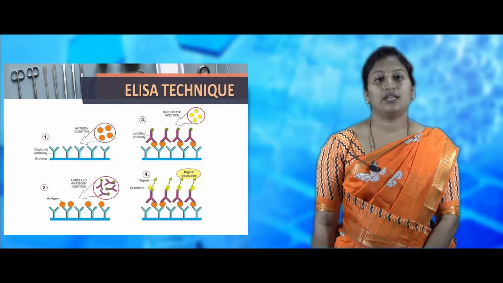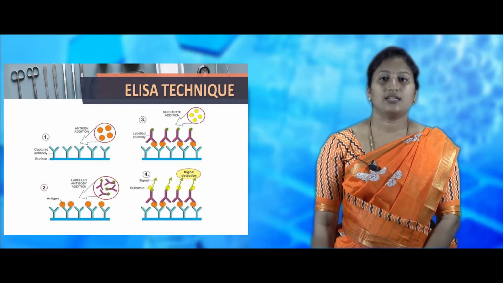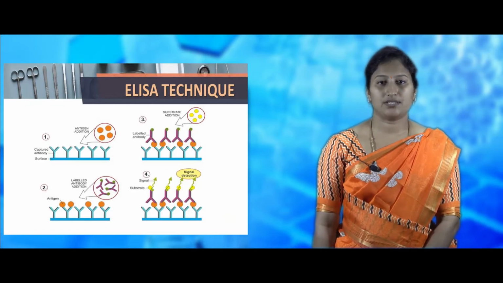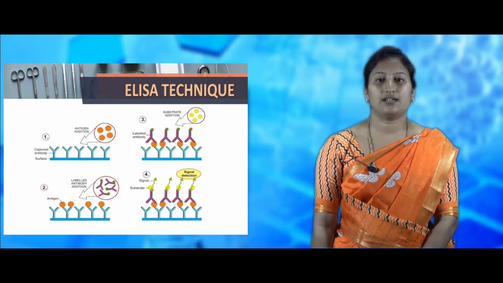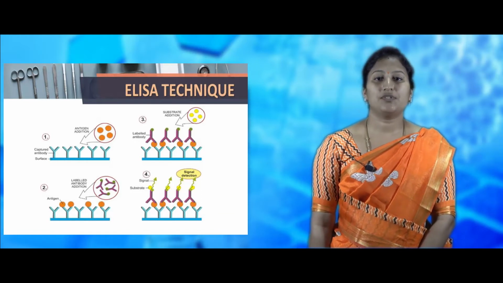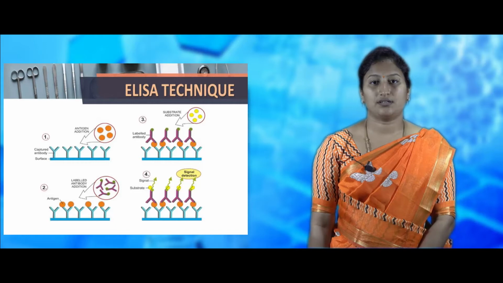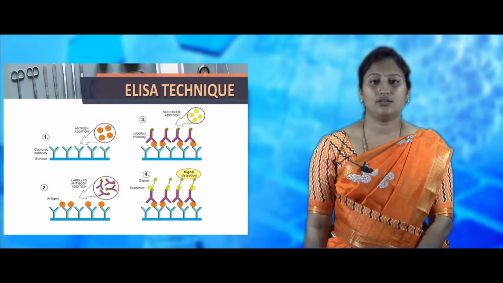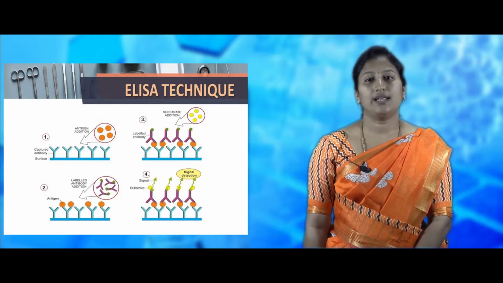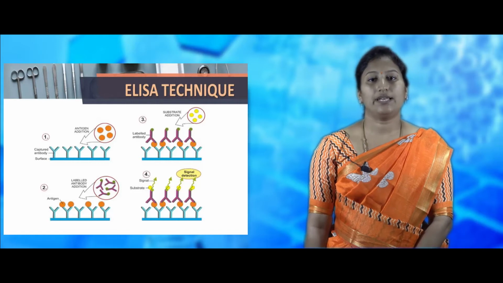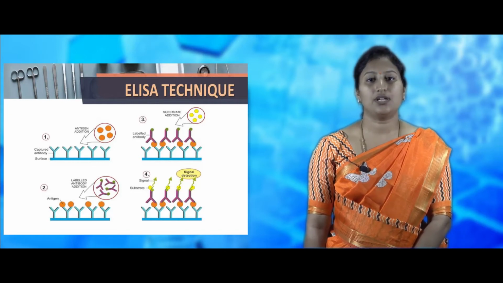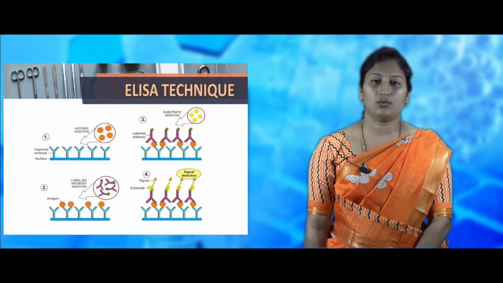Now let's see the technical flow of ELISA. This picture clearly depicts the technical flow of ELISA. In the cuvette, captured antibodies are present. In the first step, antigen is added to the cuvette. Once the antigen gets bound to the captured antibody, labeled antibody is added to the cuvette.